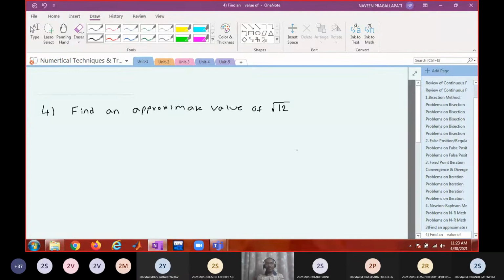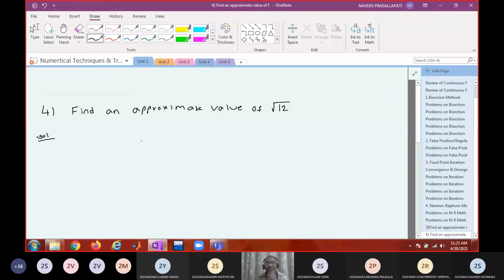Find an approximate value of square root of 12, not by calculator directly. Okay. So tell me, how do you do this problem?